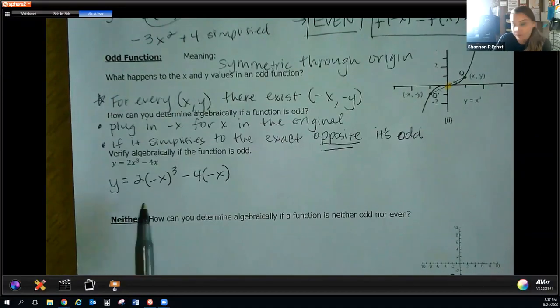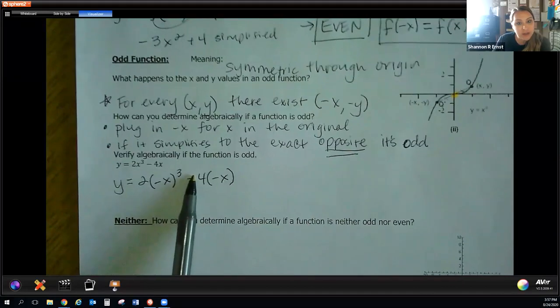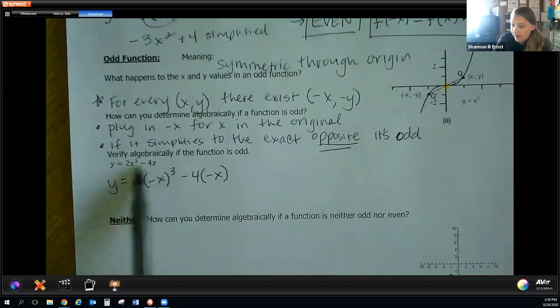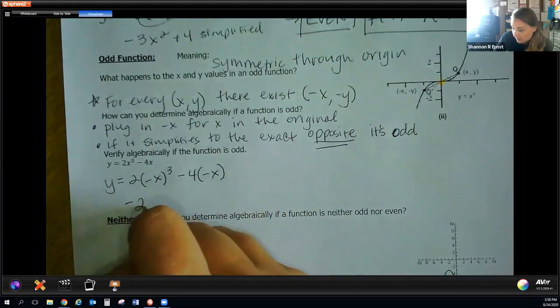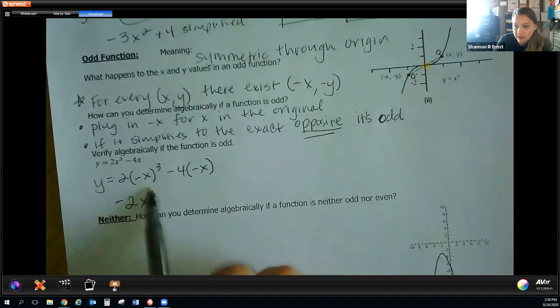So a negative cubed, that's a negative raised to an odd power, is going to end up being a negative, right? Negative times negative is positive, times another negative is negative. So this whole thing, because we're going to get negative x cubed times 2, will end up being negative 2x cubed. Did I lose anybody on that? You good? Okay. Negative 2x cubed here.